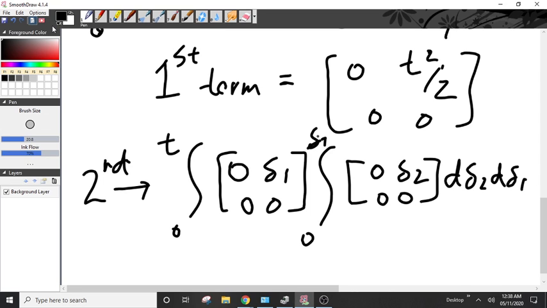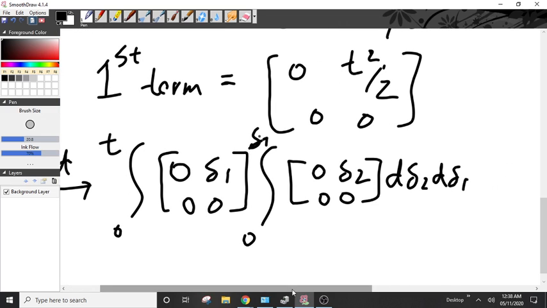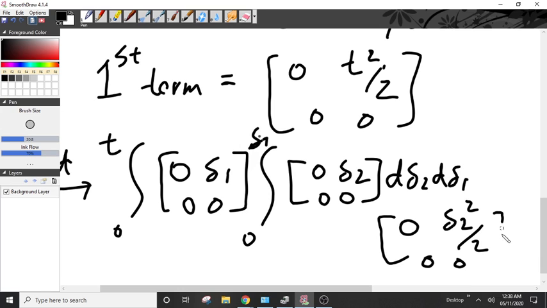Okay, so now if I integrate this term, what I'll get is 0 sigma 2 squared by 2 0 0. Obviously this will be the answer, and if I put the limits in this after integrating with respect to d sigma 2 first, I will get this solution, and if I plug in the limits sigma 1 to 0, this sigma 2 will become sigma 1.